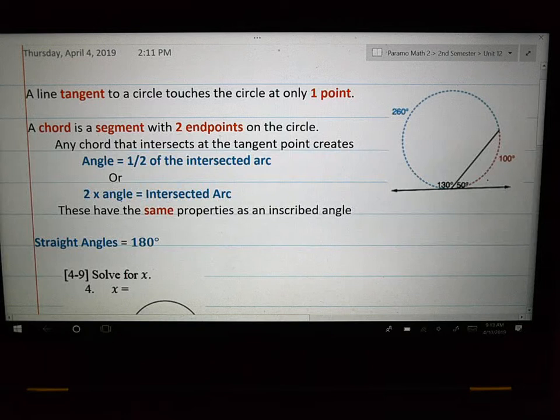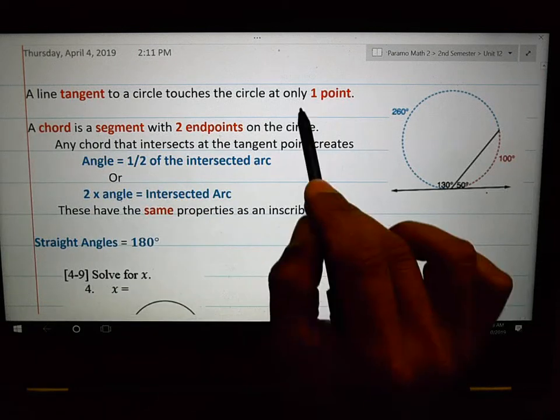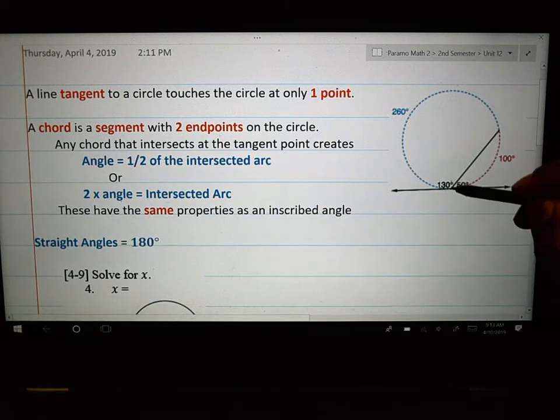So that's important for us to know. If it's tangent, it's a straight angle, it's going to be 180 degrees. It also only touches the circle at exactly one point. It may look like it's touching a whole lot of spots, but it's exactly in only one point.